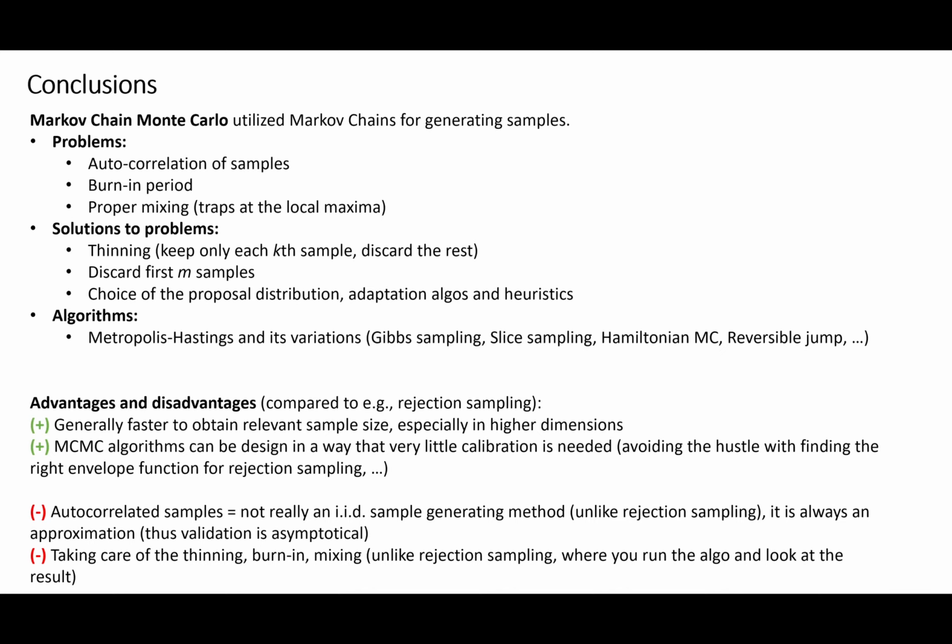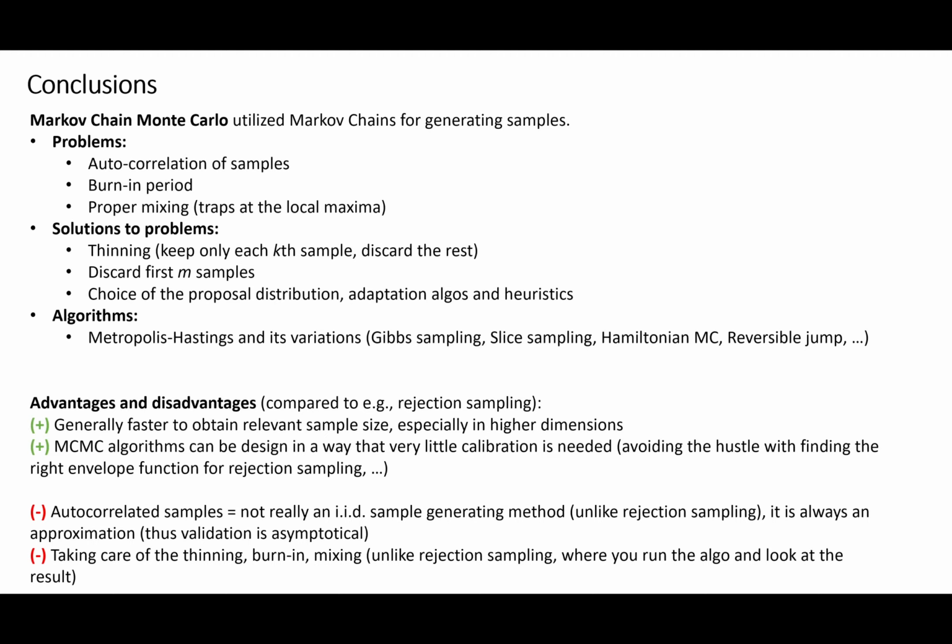But in MCMC, you don't have to deal with it. You have to deal with the burn-in and the mixing, but it's less hassle than the rejection sampling envelope function.